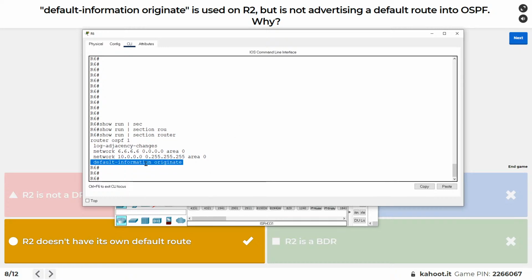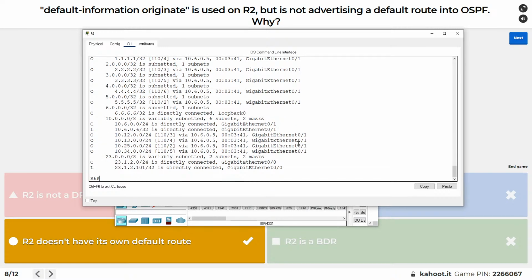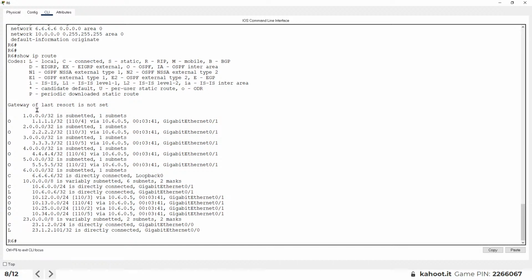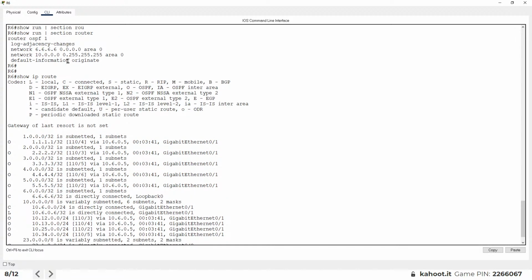So it has default-information originate. But if we look at show ip route, this router itself does not have a default route. With default-information originate, as it is, it's sort of like saying, I don't have a default route myself, so I don't want to lie to the rest of the network and tell them to send their traffic this way, because effectively that's what default-information originate is doing.